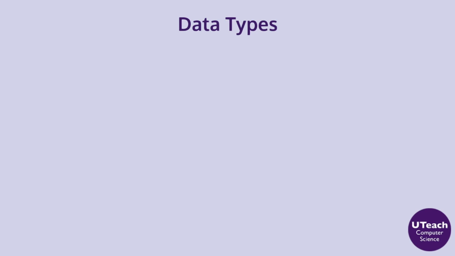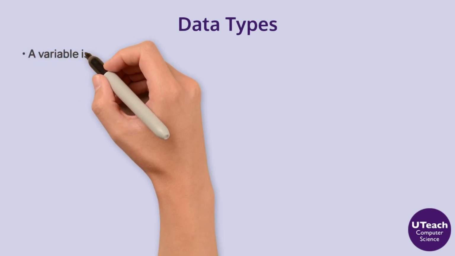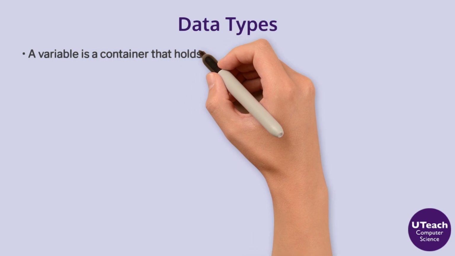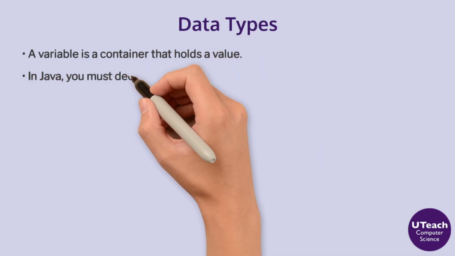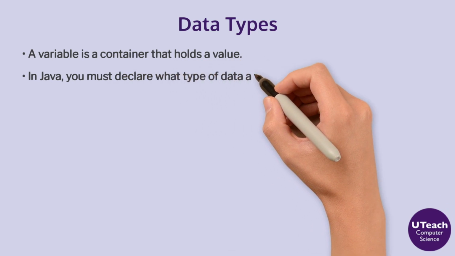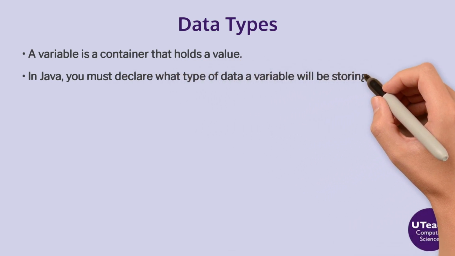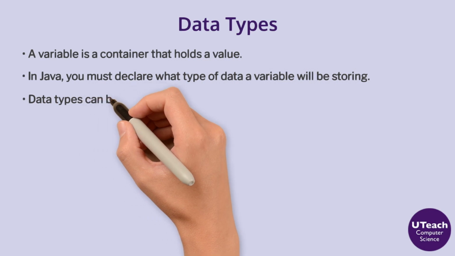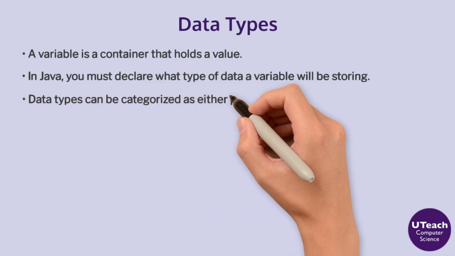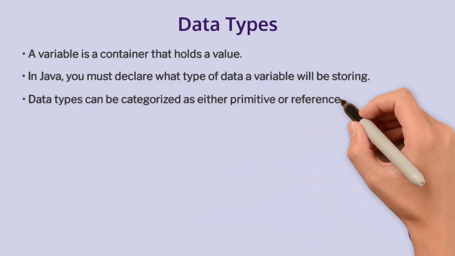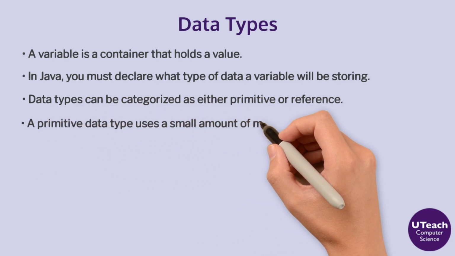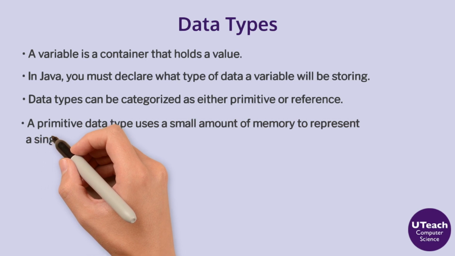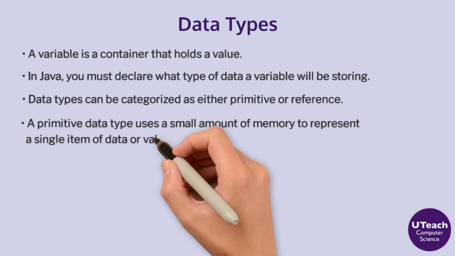To recap data types, a variable is a container that holds a value. In Java, you must declare what type of data a variable will be storing. Data types can be categorized as either primitive or reference. A primitive data type uses a small amount of memory to represent a single item of data or value.